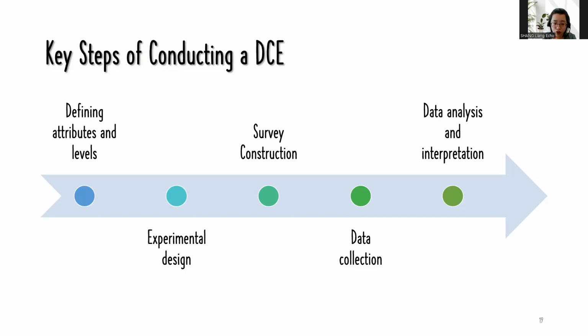After we construct the survey, the next step is to collect data from our respondents. After we finish data collection, the final step is to analyze the DCE data we collected and to interpret the results. In this session, we are going to discuss each step one by one, and I will give you some examples using a sample project.